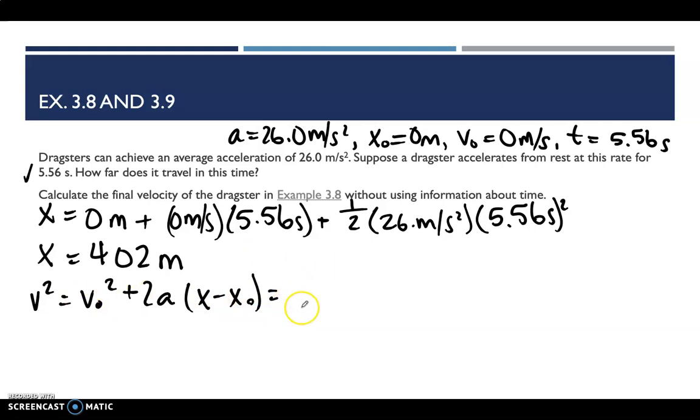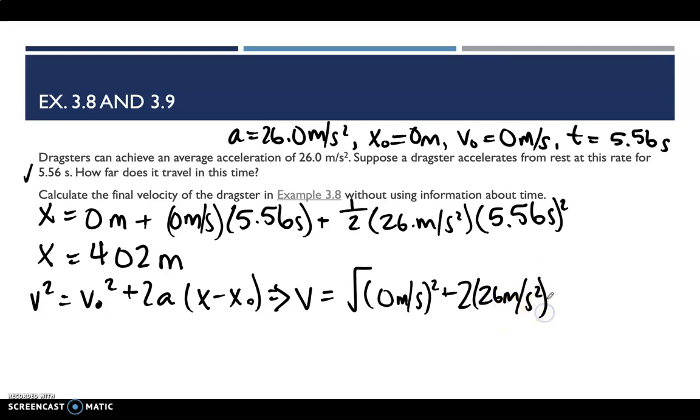So I can go ahead and solve for v. It's going to be the square root of v naught squared, that is just 0, plus 2 times our acceleration, which is 26 meters per second squared, times delta x, which is just the same as x since our x naught is 0, but you can plug it all in here.